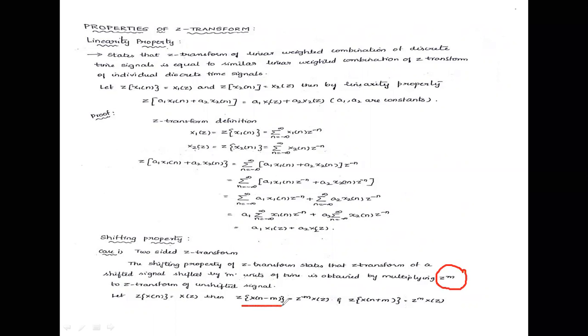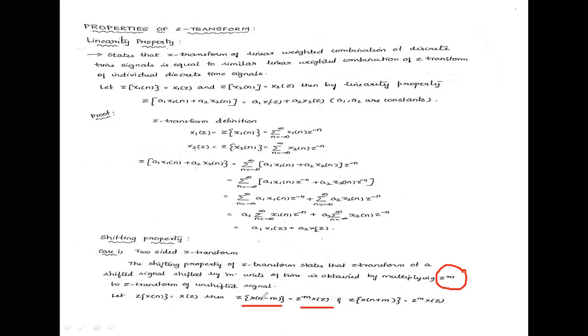I'm taking x of n minus m, shifted by m samples in the time domain. In the frequency domain, X of z is multiplied with z power m.